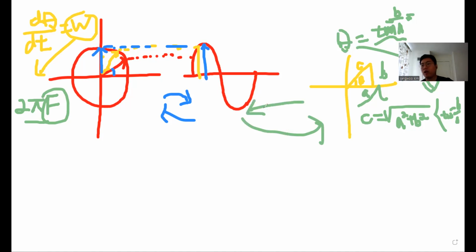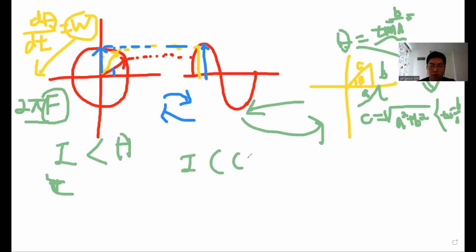So that's why we will learn about polar coordinates and complex numbers. What I mean is, look at that. This is polar coordinate, and this, as you guys know, is cosine theta plus j sine theta, right?